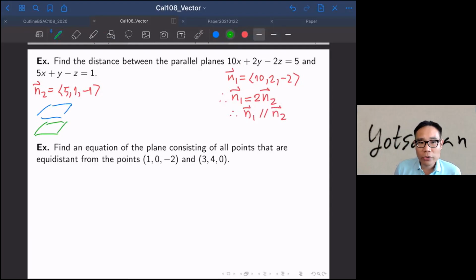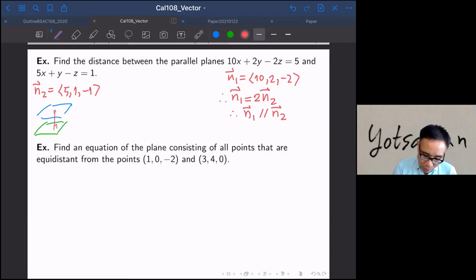The idea is that if you'd like to find the distance between two parallel planes like this, basically we just pick one point from the top plane, and then find the distance from that point to the lower plane.